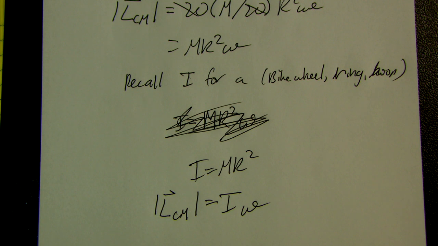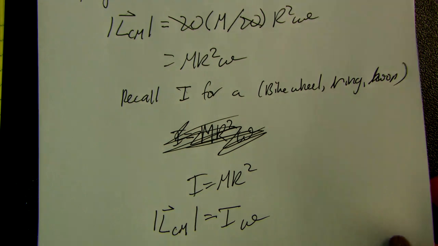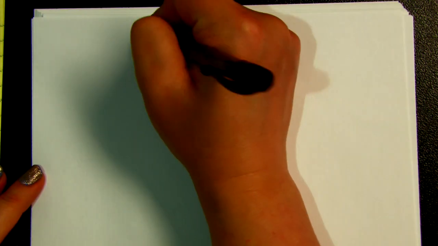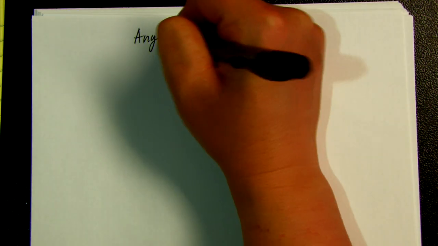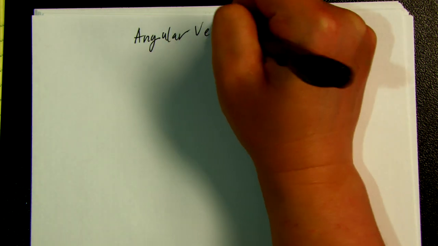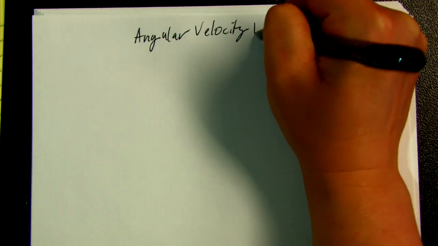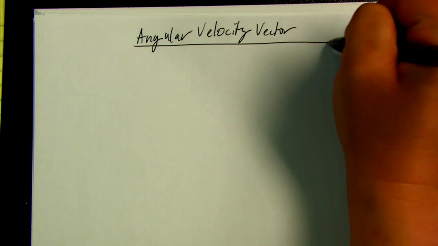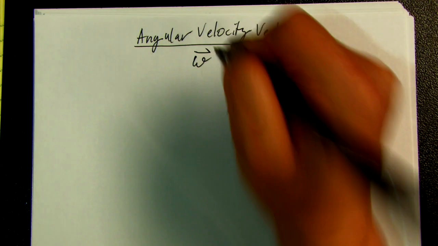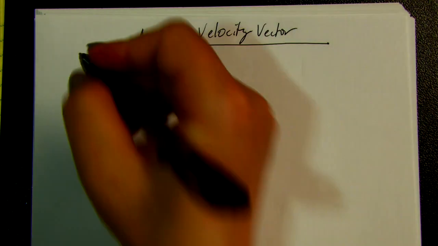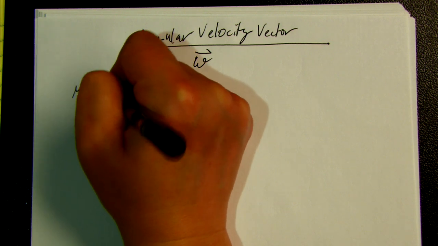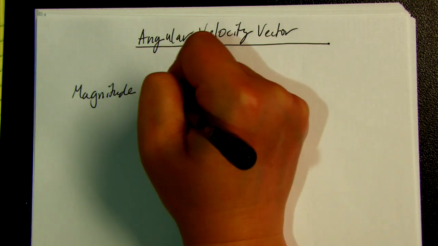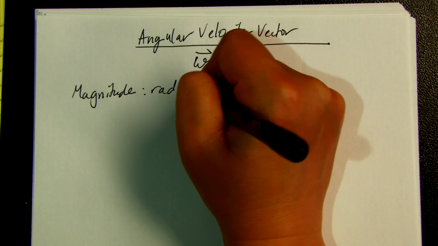All right, so we know about angular velocity. Now notice, I've been calling it angular velocity, not angular speed. That is because angular velocity is also a vector. It's denoted by an omega with a little vector over top. For the magnitude, we've got radians per second.